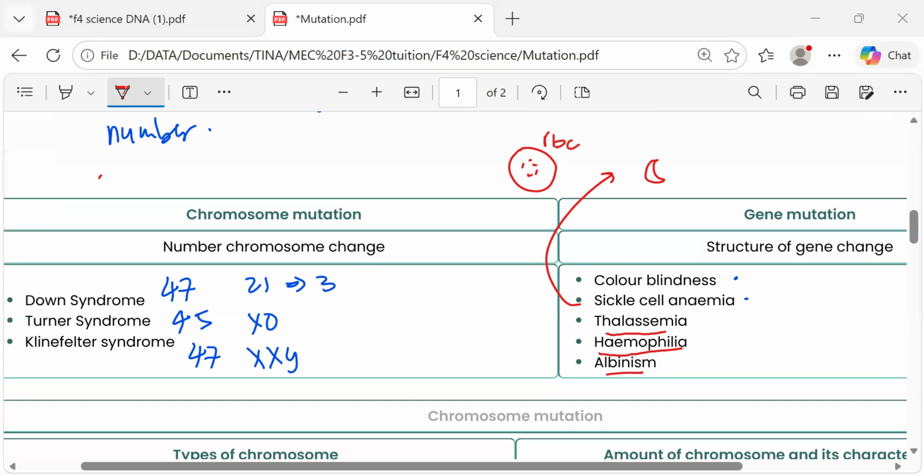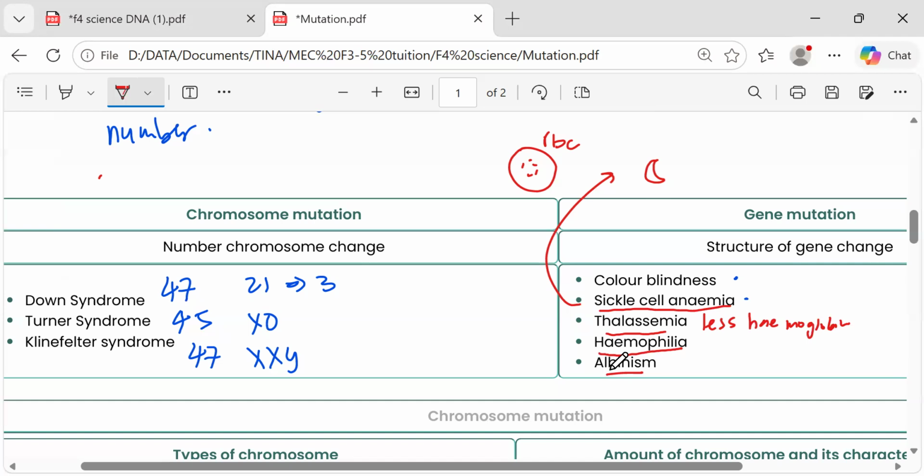Let me try again. Thalassemia means less hemoglobin, so you have fewer red blood cells, but your red blood cells are normal. Sickle cell anemia is when your red blood cells are the wrong shape.